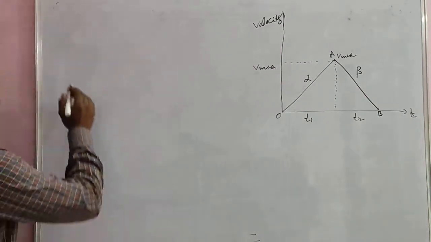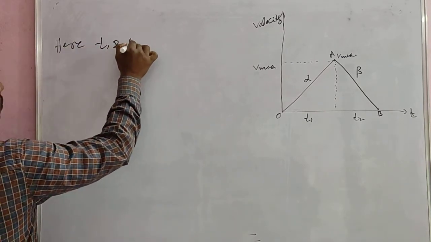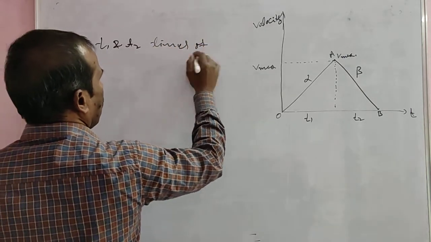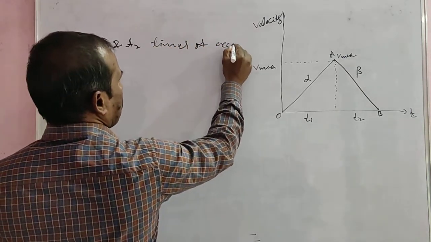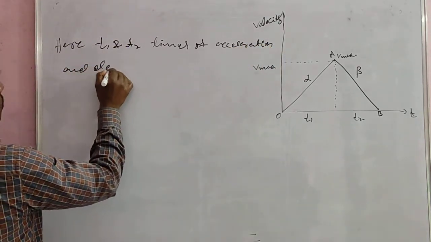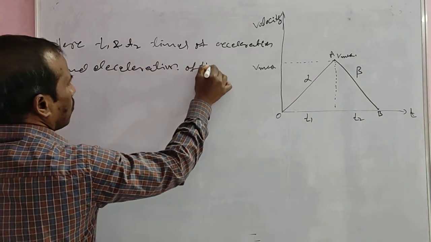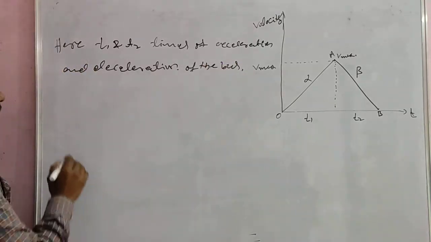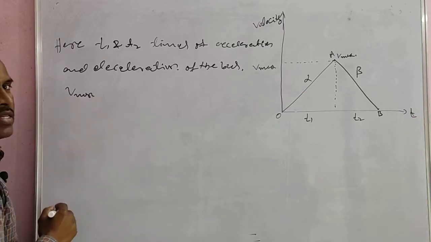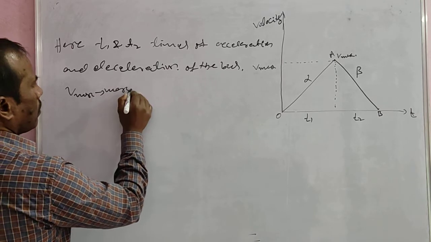Here t1 and t2 are the times of acceleration and deceleration of the bus. Next, v means the maximum velocity of the bus.